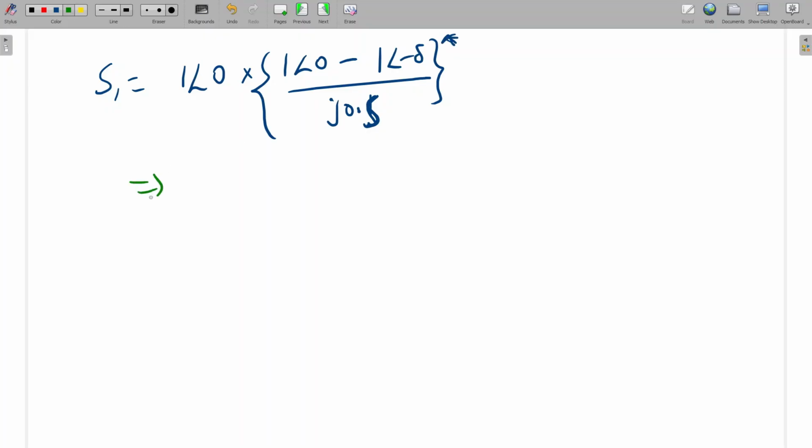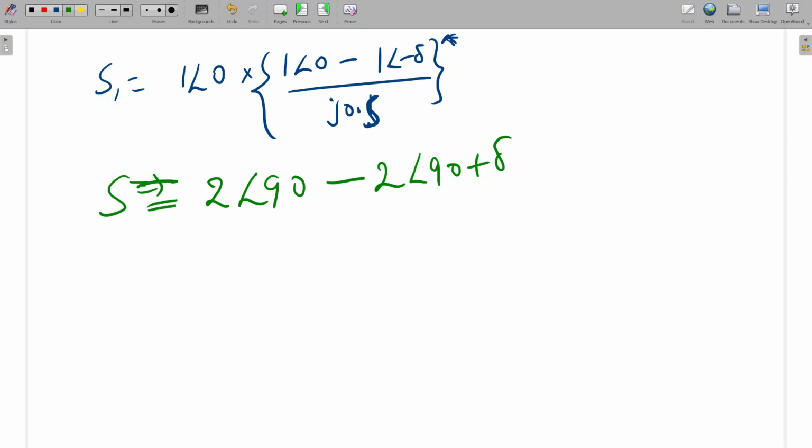So here it will be J 0.5, at top it will be 2. So 2 angle, here it will be minus 90, conjugate it will be plus 90, minus 2, and here it will be minus 90 minus delta. So the conjugate will be 90 plus delta.